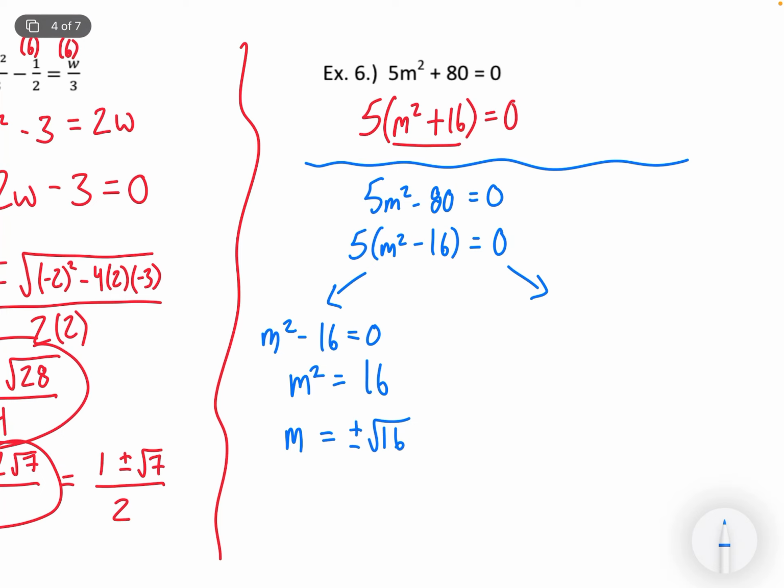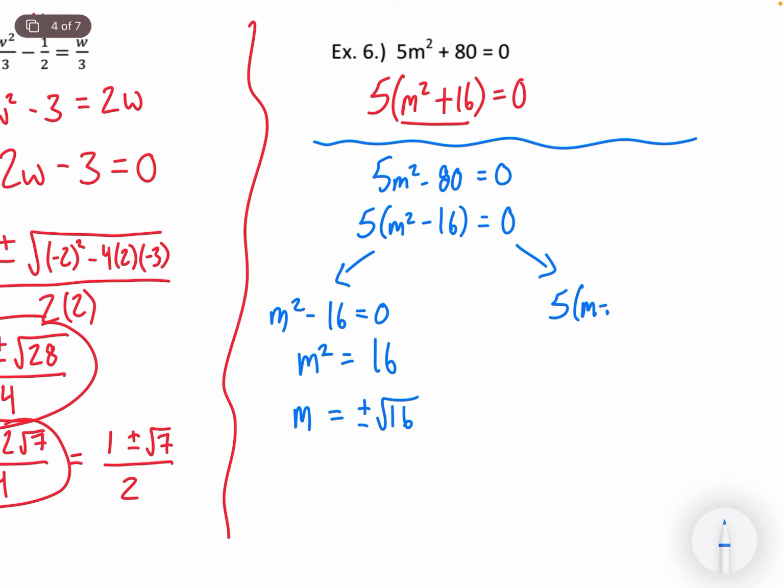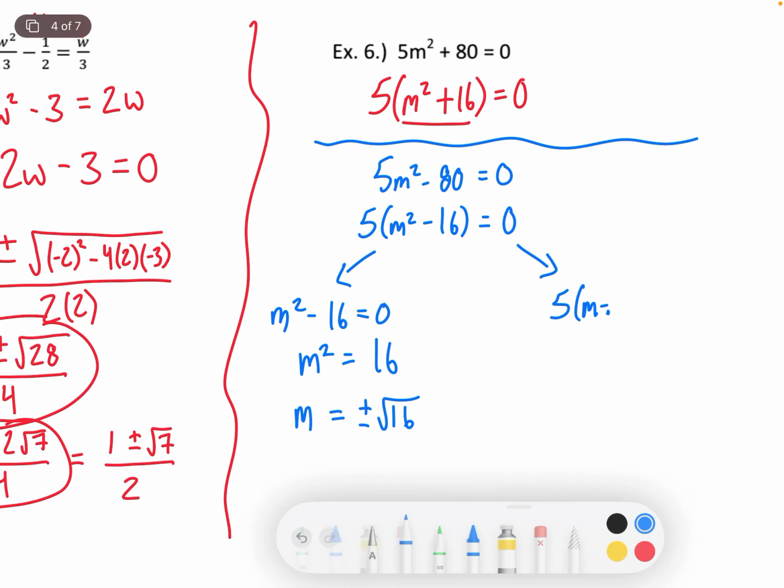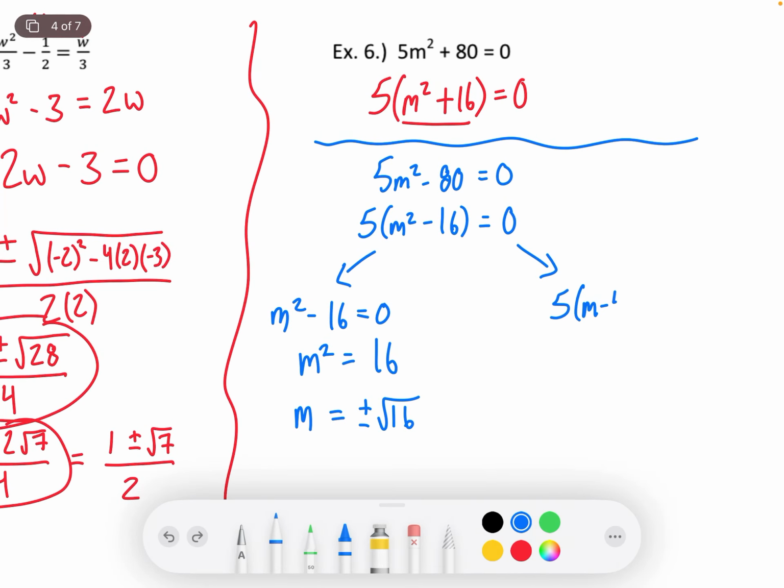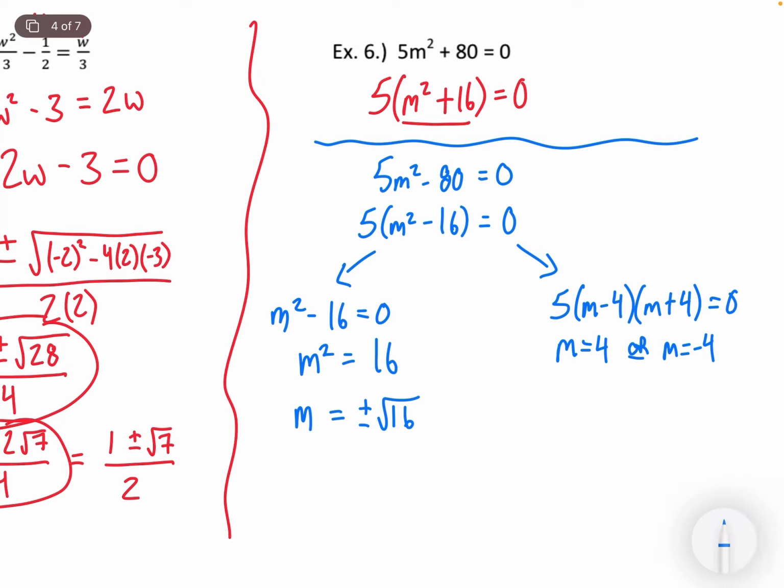And a lot of the times it's actually easier if we just factor those, if we recognize that that's a difference of squares and we just factor it, it's actually going to show us the plus or minus right there.